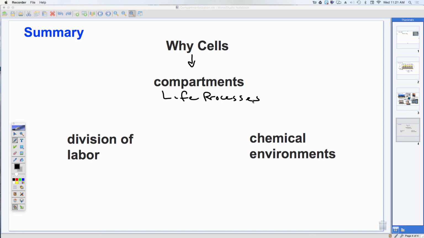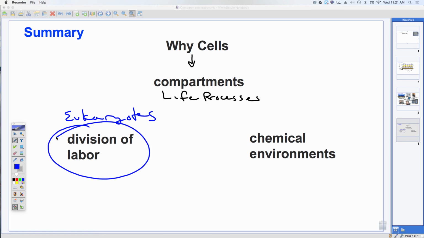And if you are a bacterial cell, you've got to do this all in one big compartment and figure out how to work in all of the space, the cytoplasm of the bacteria, and how to use your cell membrane on the outside of the membrane and the inside, but you don't have a lot of division of labor. However, if you are a eukaryotic cell, you can divide up the task of living.